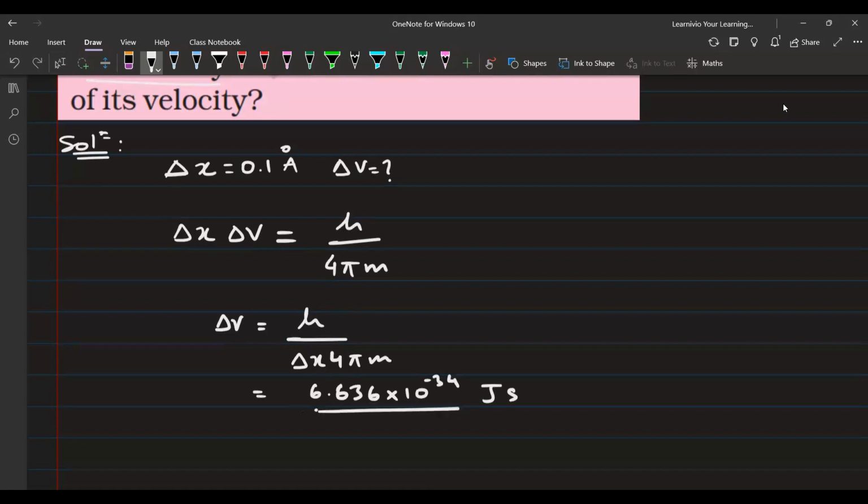Delta x is 0.1 angstrom, that means it is 0.1 into 10 to the power minus 10 meter, multiplied by 4 into 3.14 for pi, into the mass of the electron, 9.1 into 10 to the power minus 31. We take 9 into 10 to the power minus 31 in kgs.